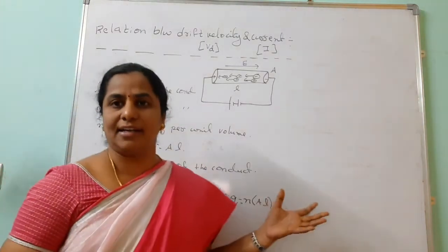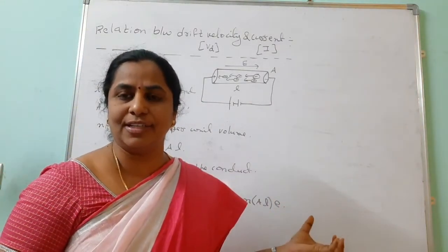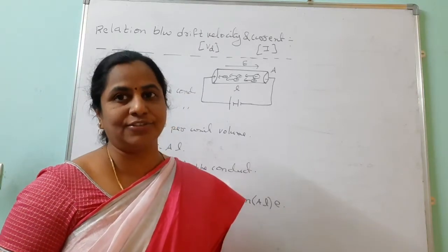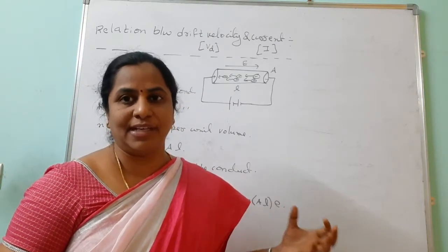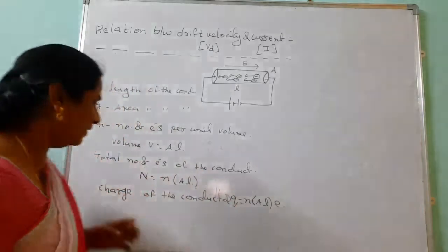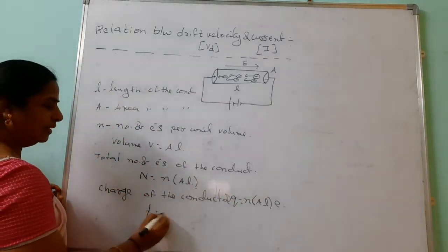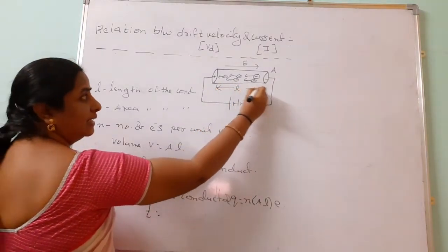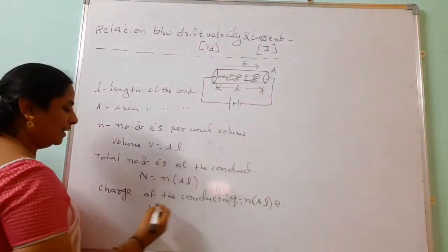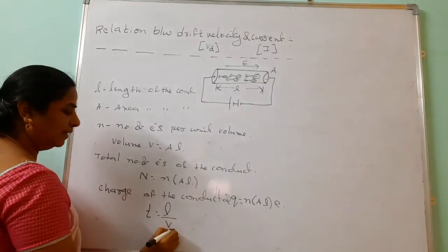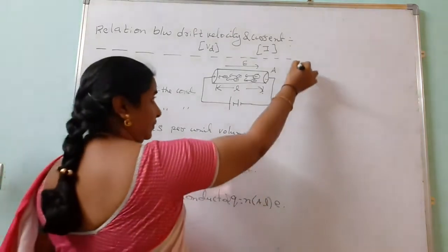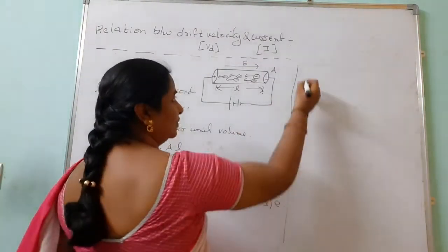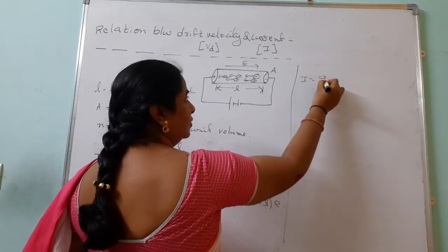So we know the charge. For finding the current, you know that flow of charge is called the current. We know the charge; now we should find the time, how much time it takes to cross that conductor. Here t equals distance by velocity. Distance is nothing but the length of the conductor, and velocity is the drift velocity, so t equals L by Vd. We take I equals Q by t.